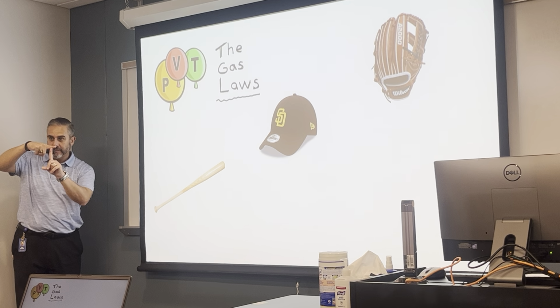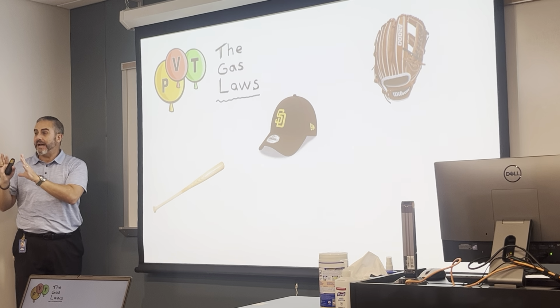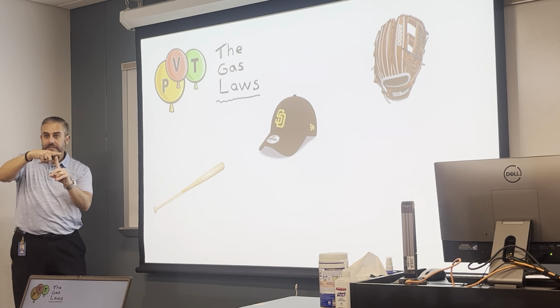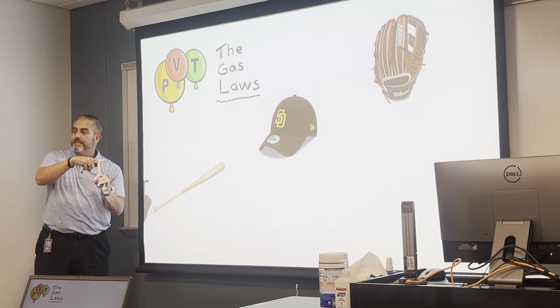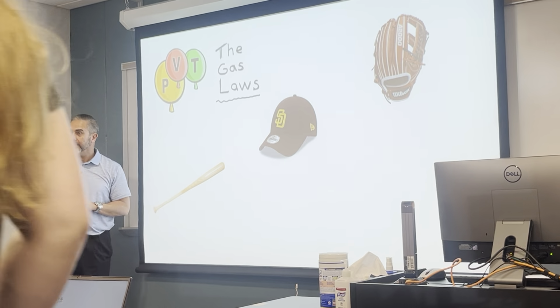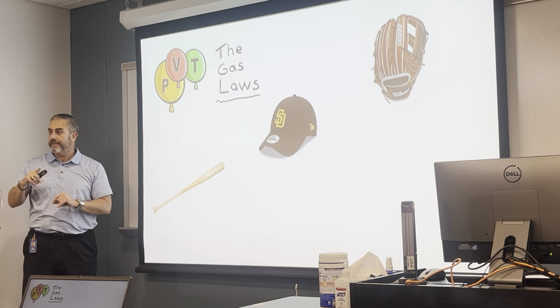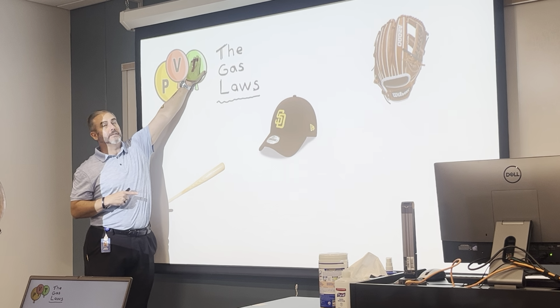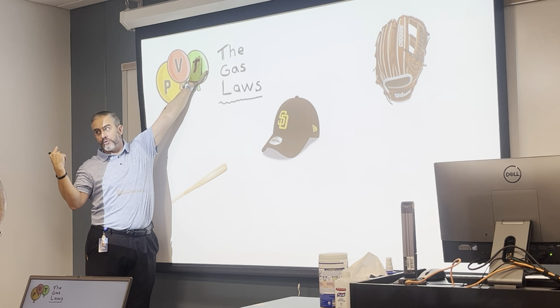B-A-T. The B in bat stands for Boyle's law. The T represents temperature. That's what's constant in Boyle's law. So if temperature remains constant, the other two factors are pressure and volume.